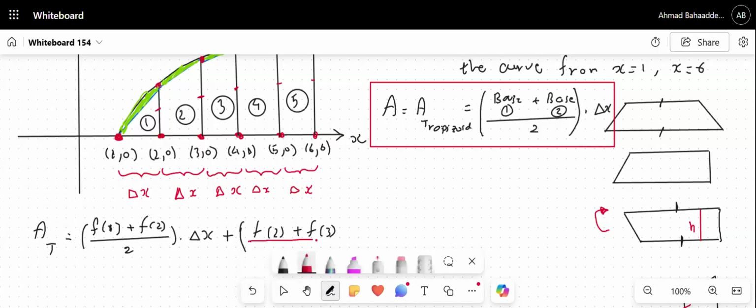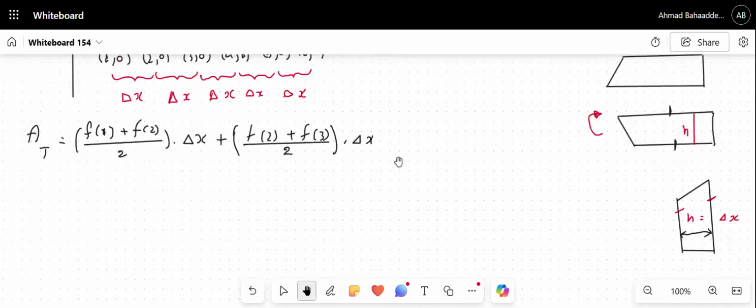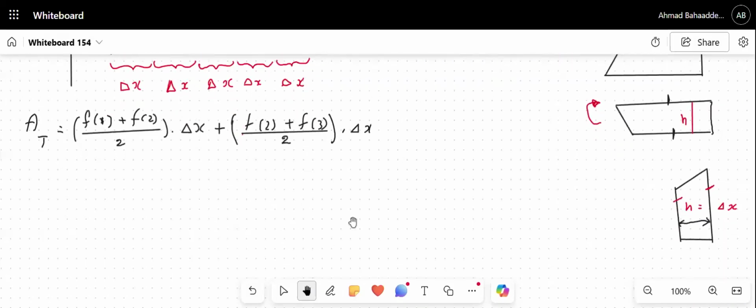I will divide it by 2 and multiply by delta x. And I can do that for the other ones here also, guys. So you can see I'm just adding this. This is the second area.